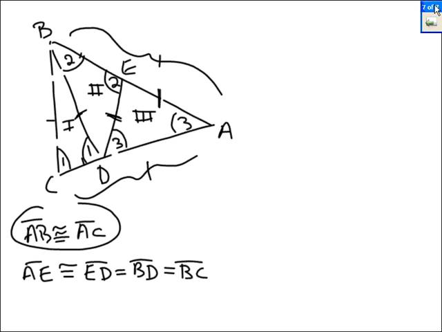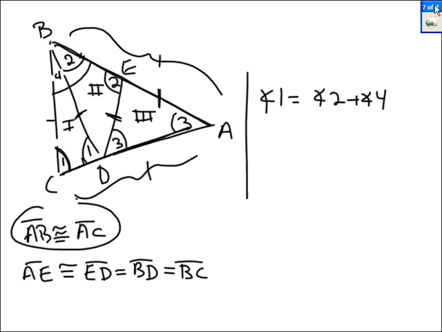Let us call this angle 4. Now, since AC and AB are equal, and it's a triangle, then their base angles are equal. That is angle 1. We know angle 1 is equal to this big angle here, angle 2 plus angle 4.